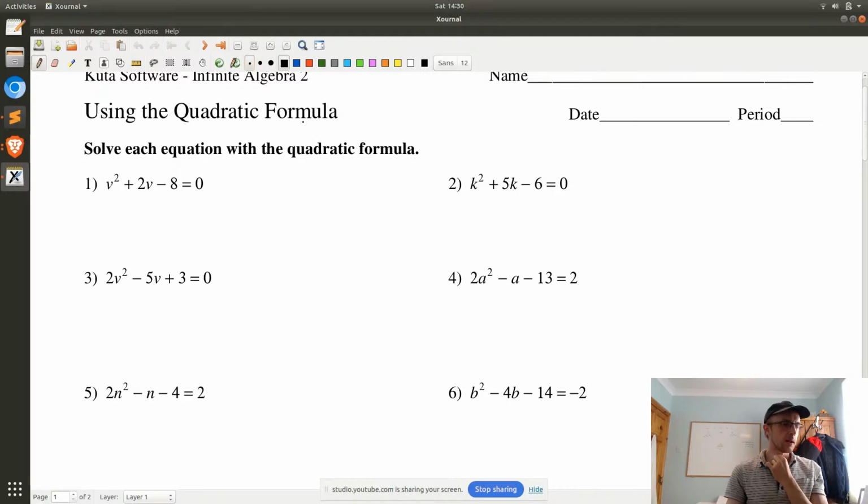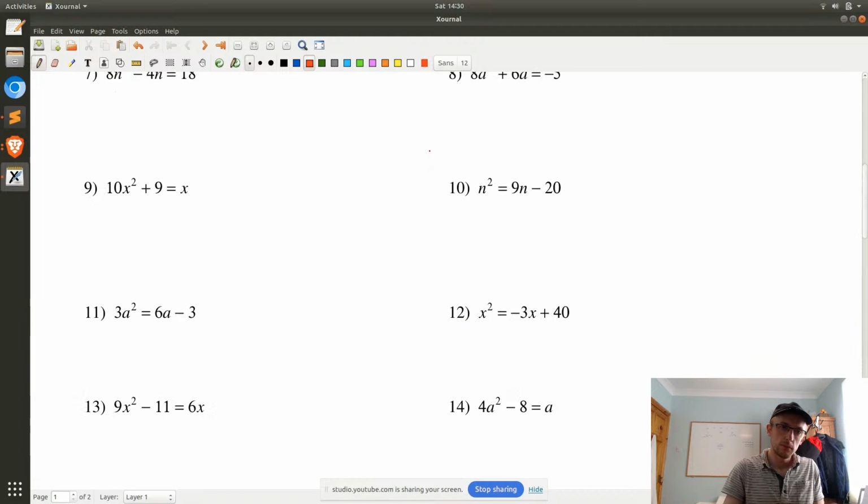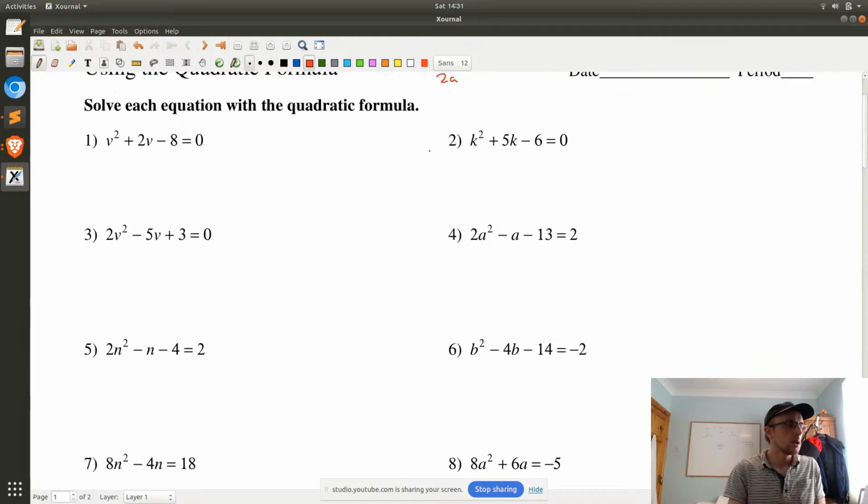quadratic formula. Right, let's see how fast I can do this. So as a reminder, the quadratic formula says x equals minus b plus or minus square root of b squared minus 4ac over 2a. You know, I'll just do 10 of these, because it really is just plug and chug.